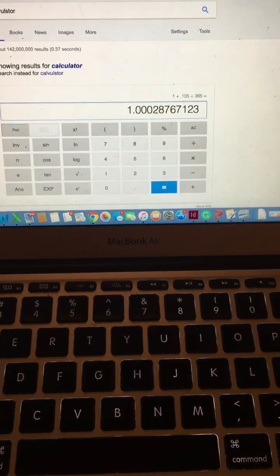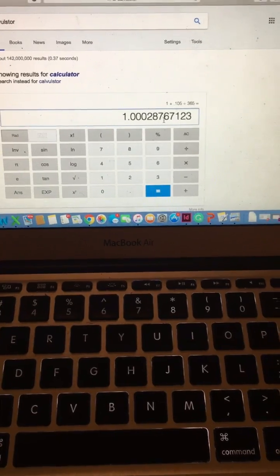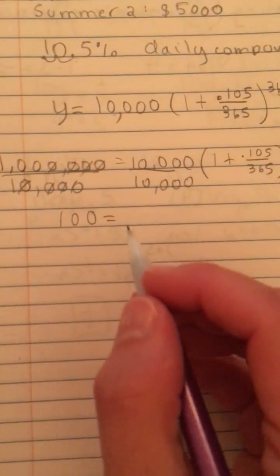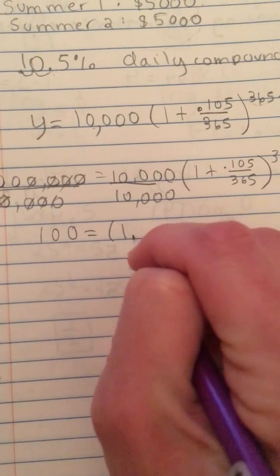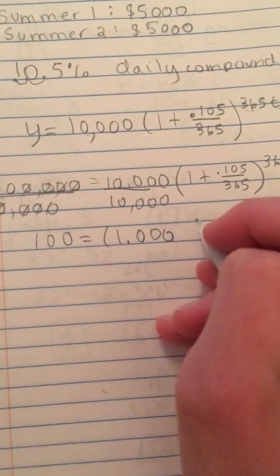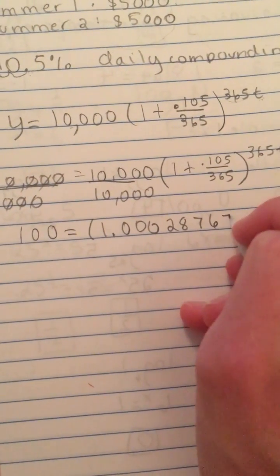I'm going to include quite a few spaces here just so we can get a pretty accurate reading. So in this problem, I'm going to change this to 1.00028767.